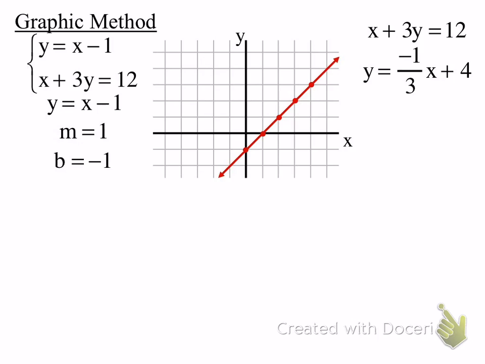Subtract x, divide all terms by 3. My b is 4, and my m is -1/3. So I start at +4. I'm going to rise -1, down 1, run to the right 3. Or +1, -3. Draw the line. Now, what's my solution?